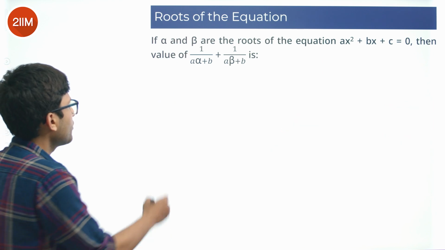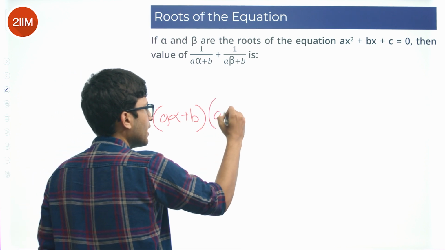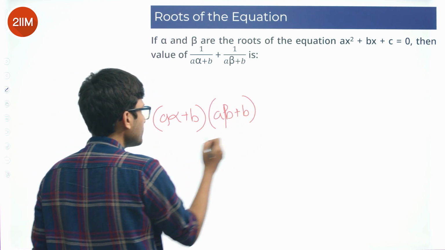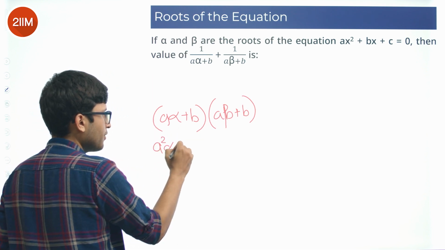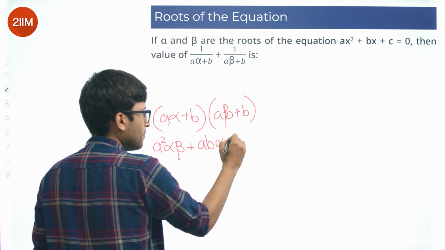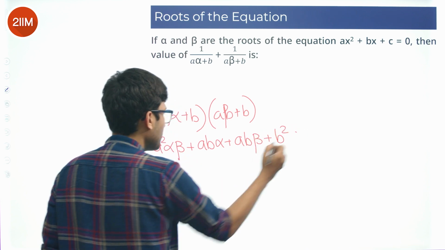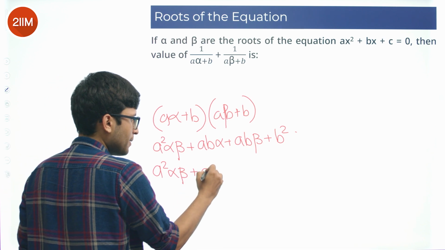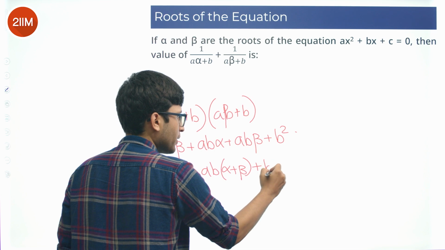The denominator would be a alpha plus b into a beta plus b. So the value would be equal to a square alpha beta plus ab alpha plus ab beta plus b square. So this would be equal to a square alpha beta plus ab, taking common, alpha plus beta, plus b square.